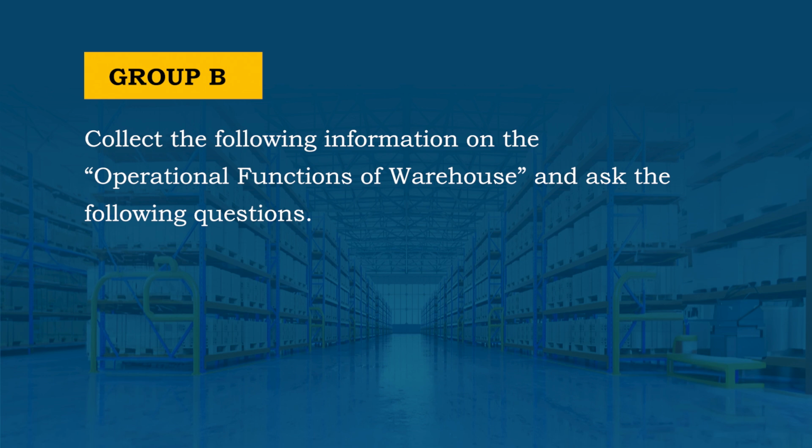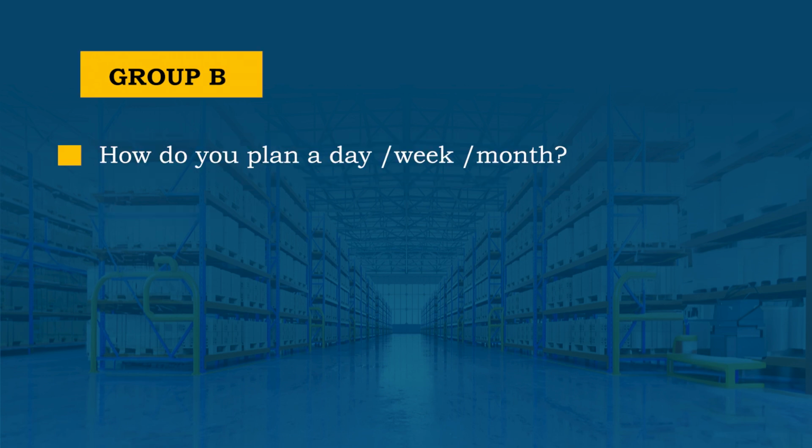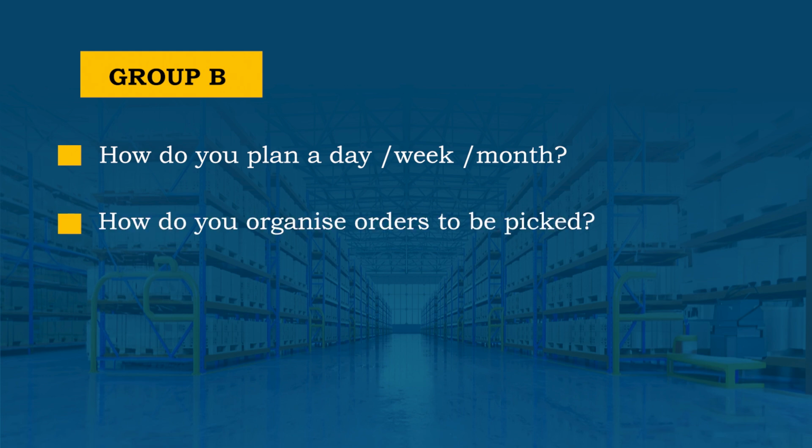Now, for Group B, collect the following information on the operational functions of the warehouse and ask the following questions. First, how do you plan a day or week or a month? Second, how do you organize orders to be picked?